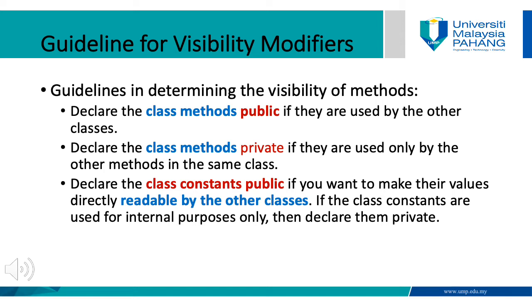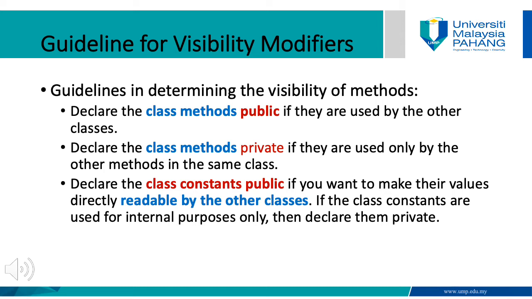So if you have methods in this specific class, and you also have other classes that are going to retrieve the class methods from this class, for example class A and class B, you want class B to be able to retrieve the class method in class A, so you must define the method in class A as public.